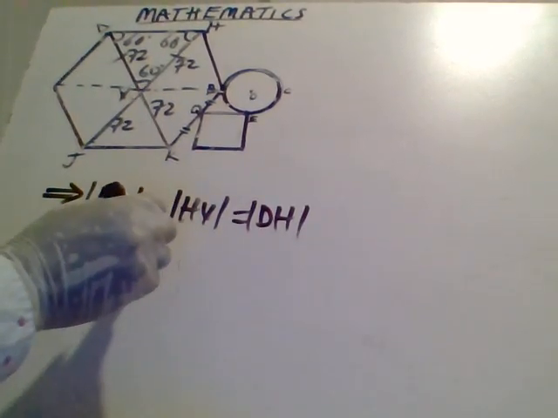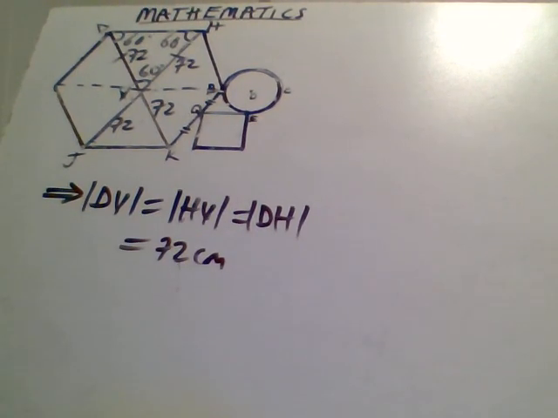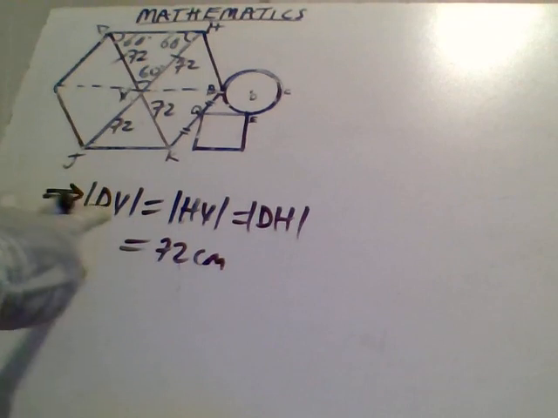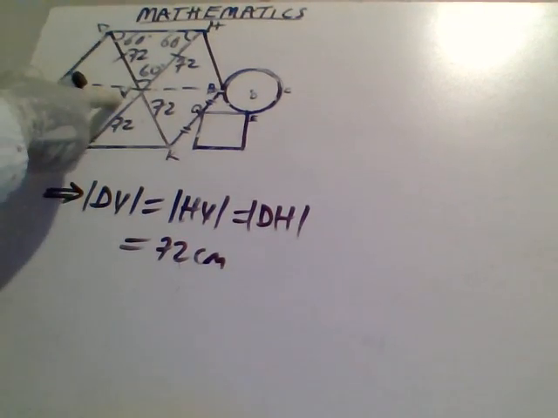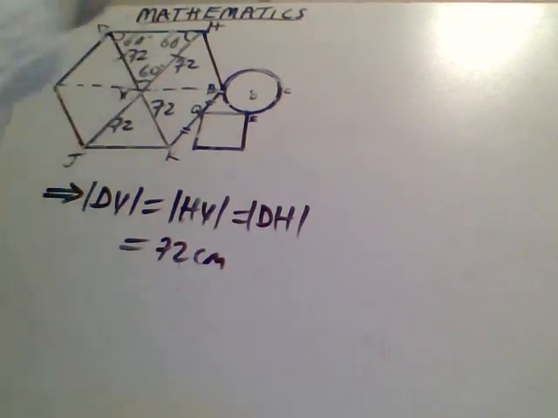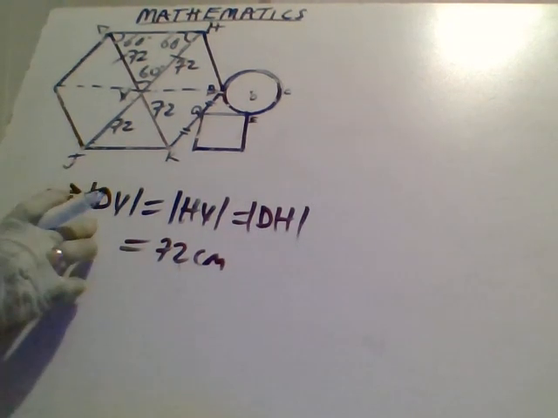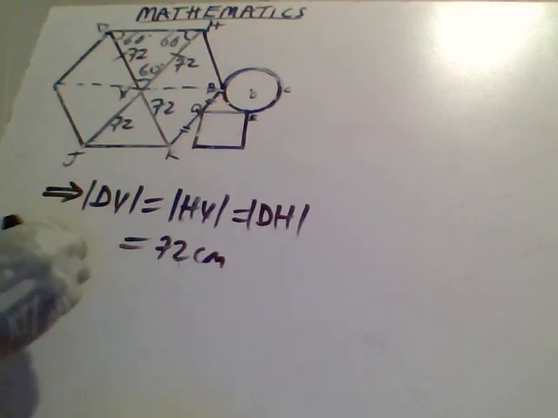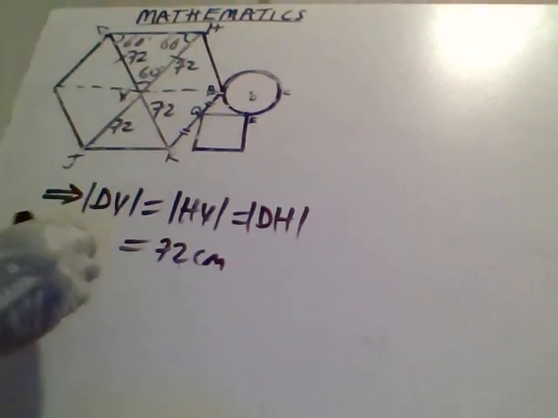And this is equal to 72 cm. The sides are equal, so DV is equal to HV equal to DH, and that's 72 cm.